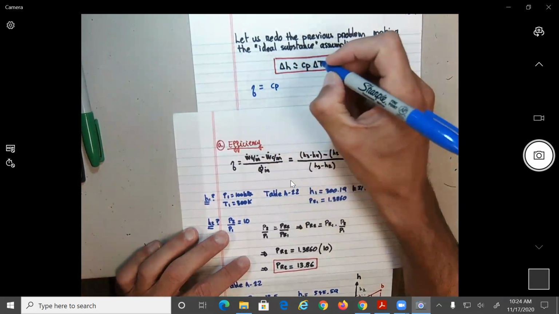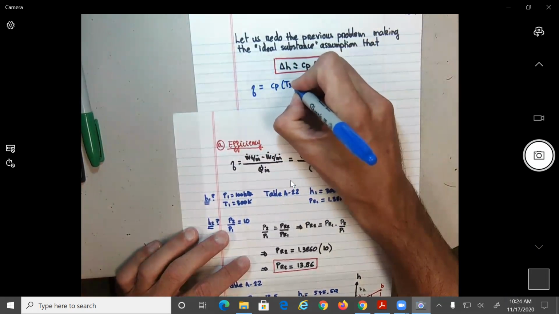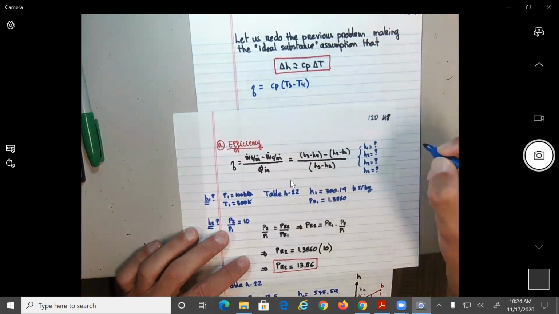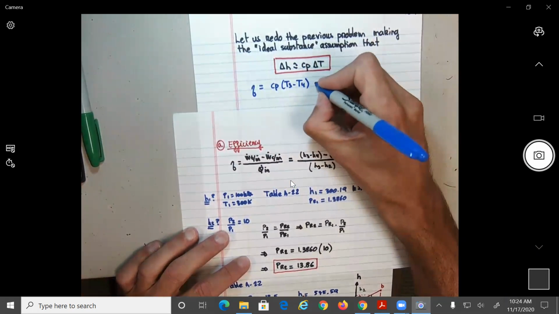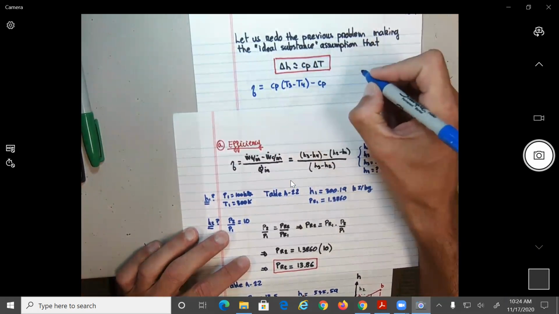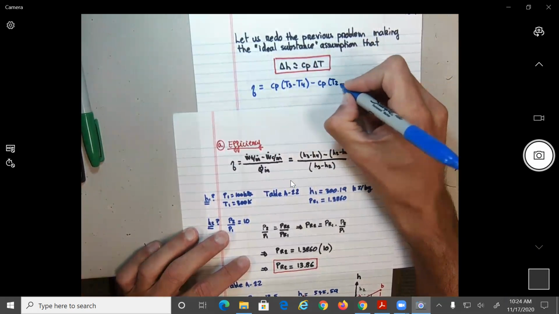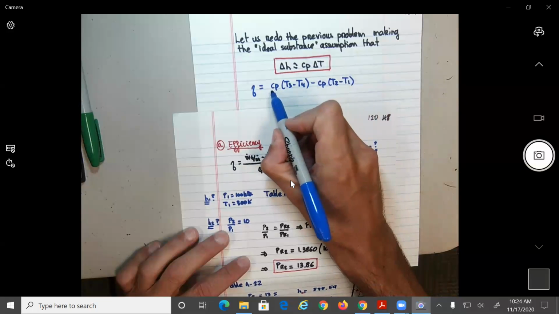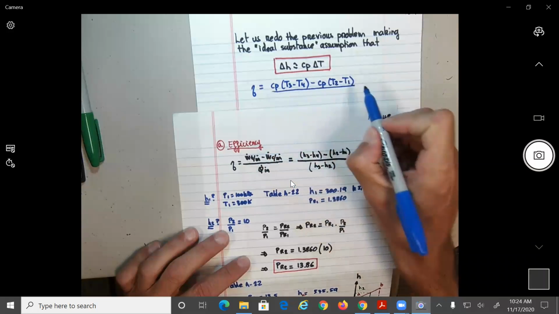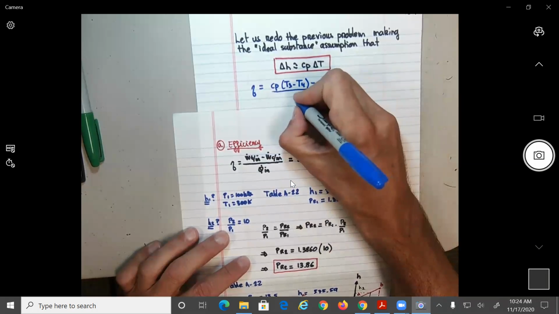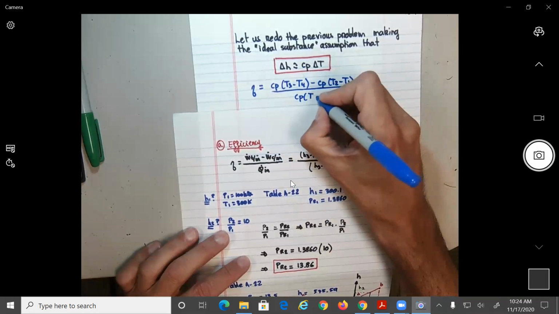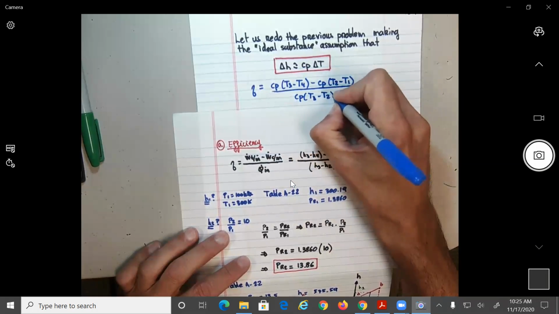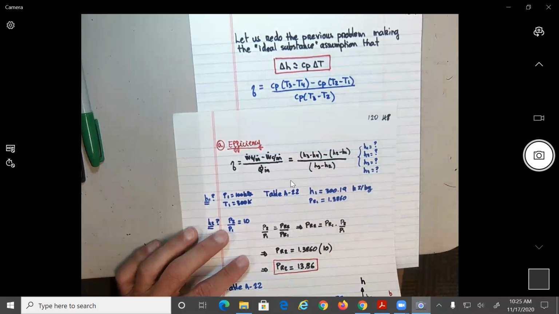Cp (T3 minus T4) minus Cp (T2 minus T1), divided by Cp (T3 minus T2).